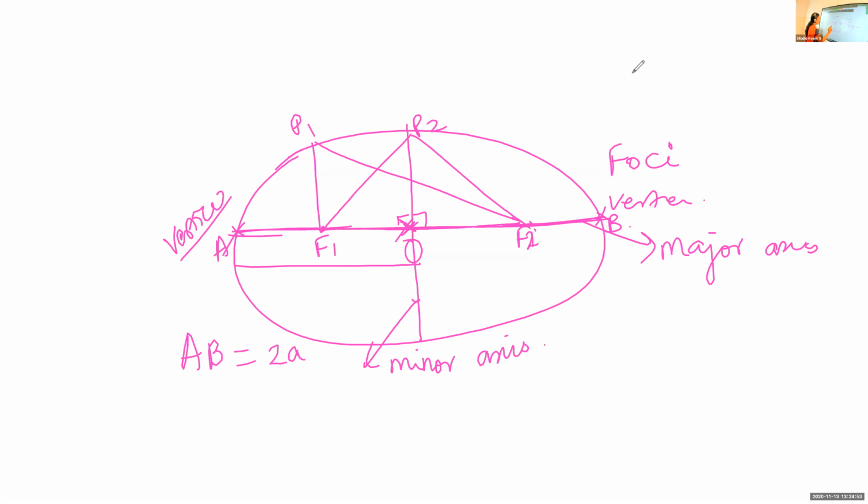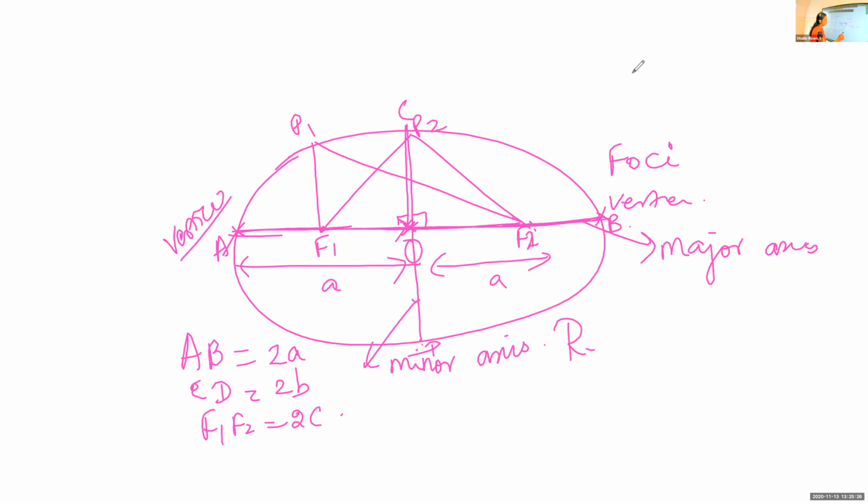So each part is A. Suppose I name the ends of the minor axis C and D. Its length CD will be 2B, so OC is the same as OD, equal to B. The distance between the foci F1 and F2 is 2C, so OF1 is the same as OF2, equal to C.